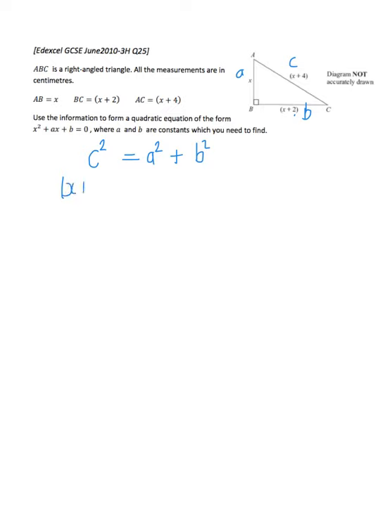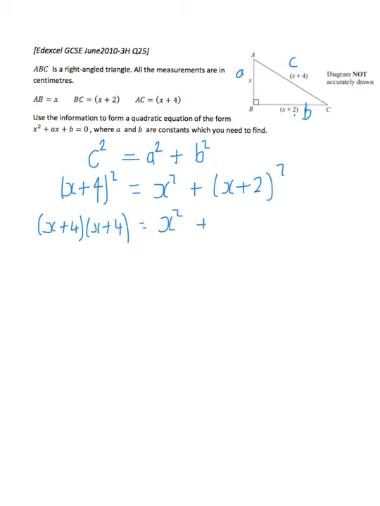That's x plus 4 all squared equals x squared plus x plus 2 all squared. Not forgetting that x plus 4 all squared means x plus 4 times x plus 4. And x plus 2 all squared means x plus 2 times x plus 2.